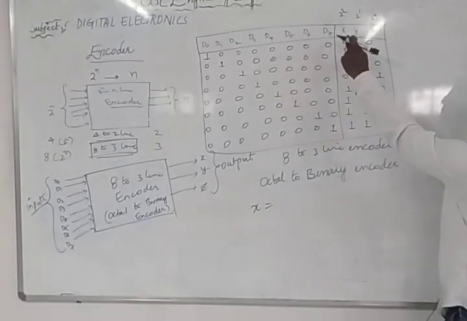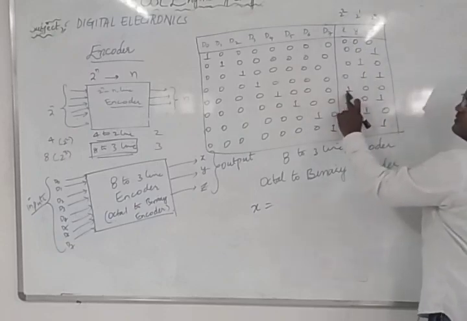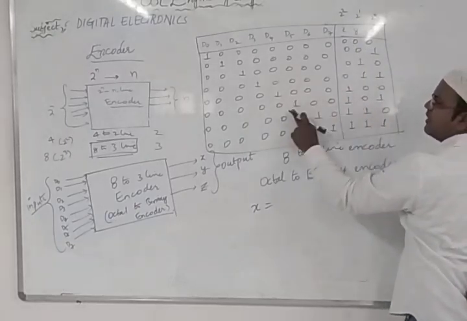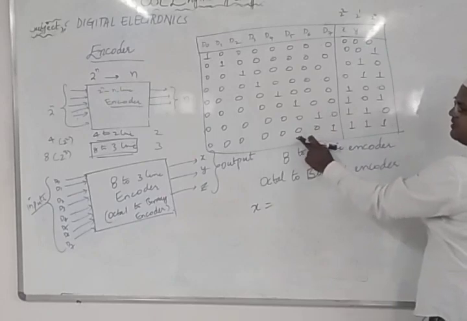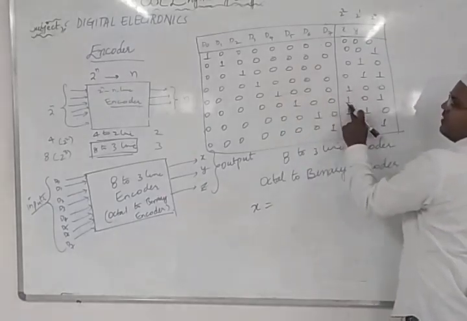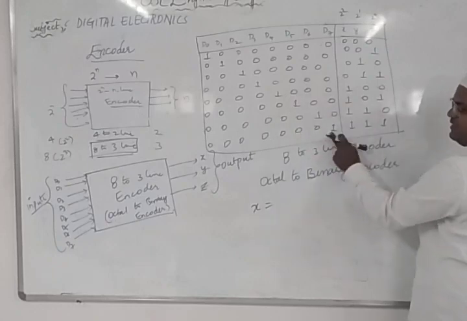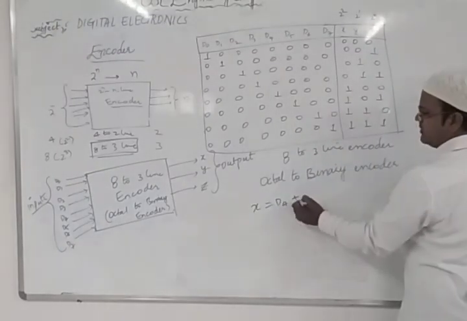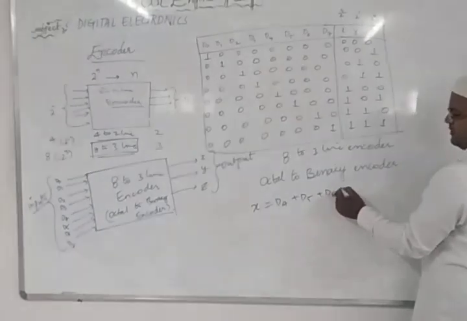As you can see, the X value is high for D4, D5, D6 and D7. For X I can write D4 plus D5 plus D6 plus D7.